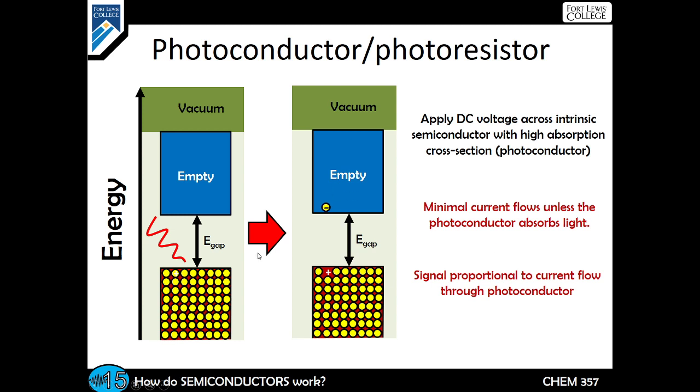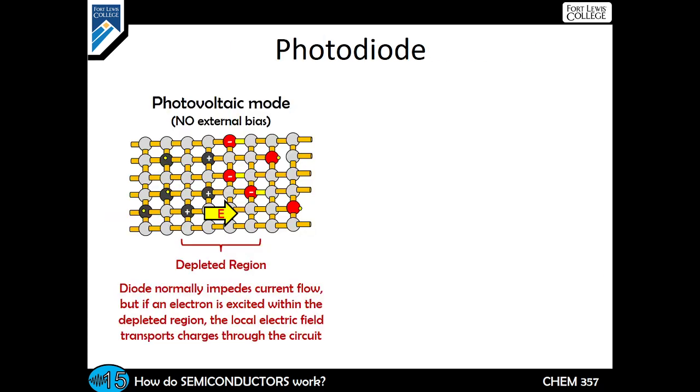And if these are intrinsic semiconductors, devices detecting light, that's called a photoconductor. And you can detect light with this as long as your semiconductor has some reasonable absorption cross section. It doesn't reflect light; it absorbs it. But you can also make a photodiode, which is quite common.